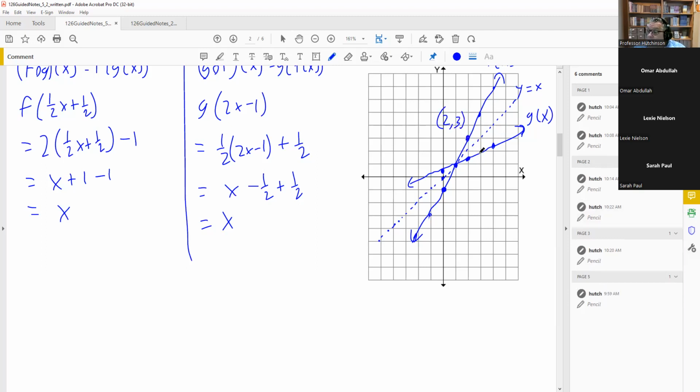And then if you notice, the graph actually goes through this point right here, which would be 3, 2. So notice that if I have a point on the original one, on the inverse, which we're calling G, the points are actually switched. So we have a 2, 3 and a 3, 2, and that actually happens all along here.